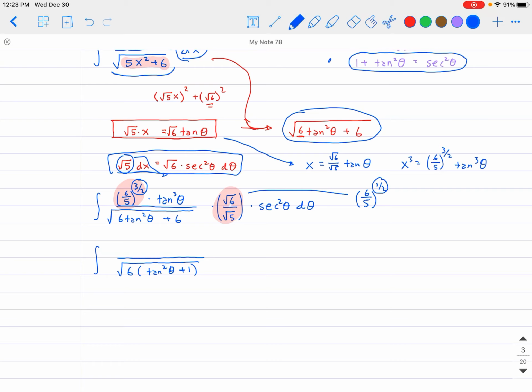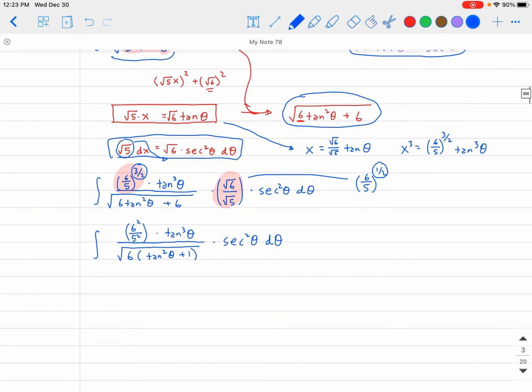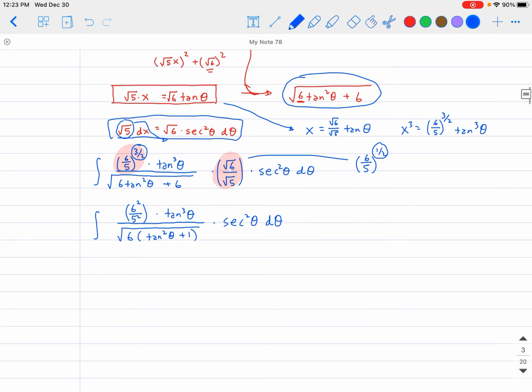So combine those two together, and that is going to give me 6 squared over 5 squared. So a lot of algebra work in this case. Then we also have the tangent cube of theta, so that's nice. Then we also have the secant squared of theta, not so nice, and then d theta. Okay, keep cleaning things up.